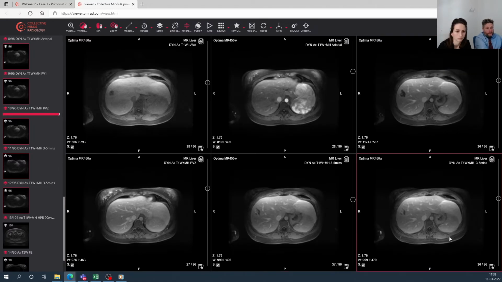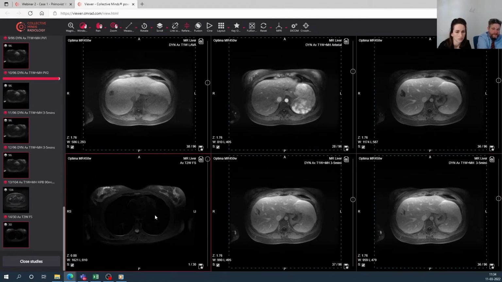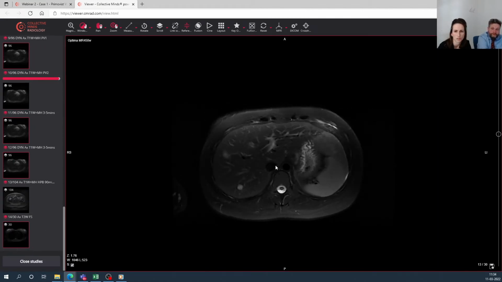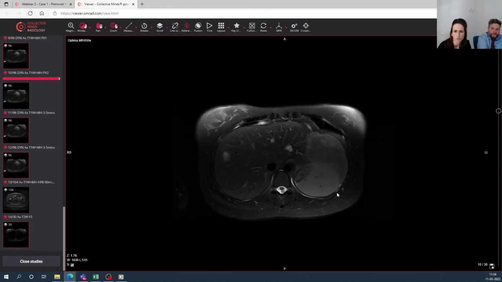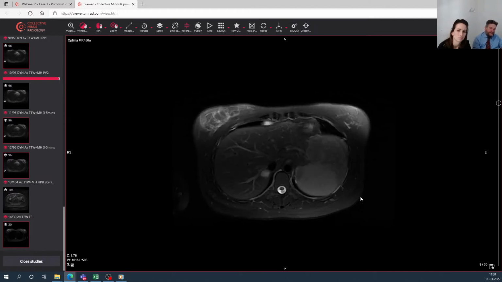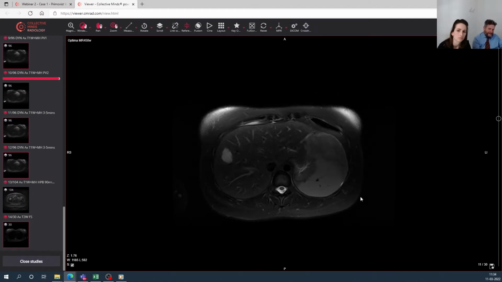So now the second step is we're going to look at the T2, of course. Open the T2 again. So what I noticed is that this lesion is slightly hyperintense compared to the liver, and it has a heterogeneous appearance. Yes, heterogeneous, but is it heterogeneous with a pattern or without a pattern?